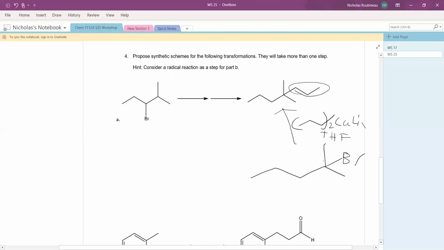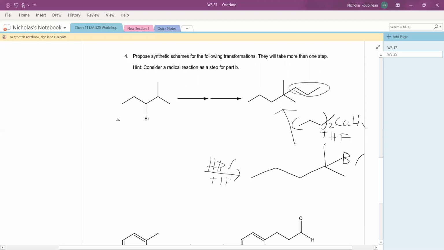Okay, so how do we get to this bromine here? What would be a precursor to the bromine being in that position? Well, yes, that would be the reaction.